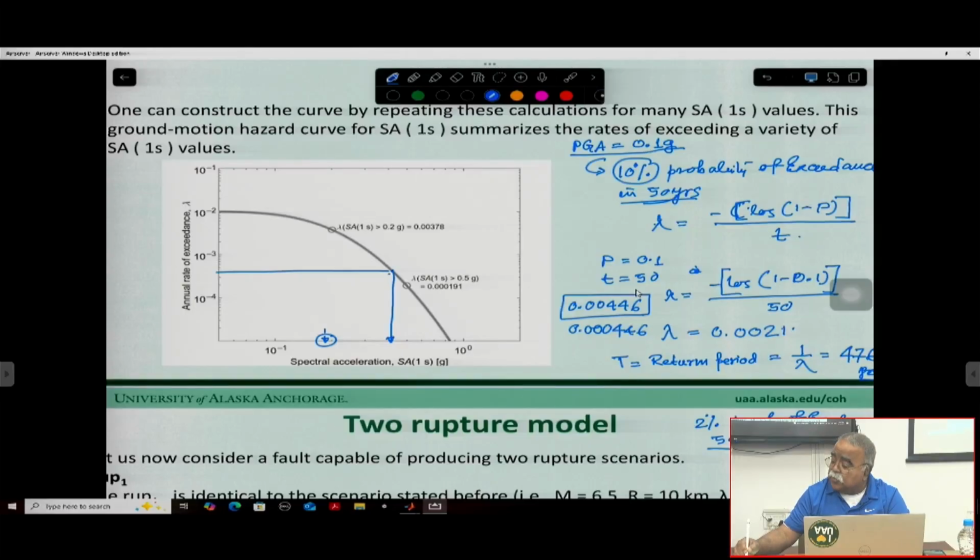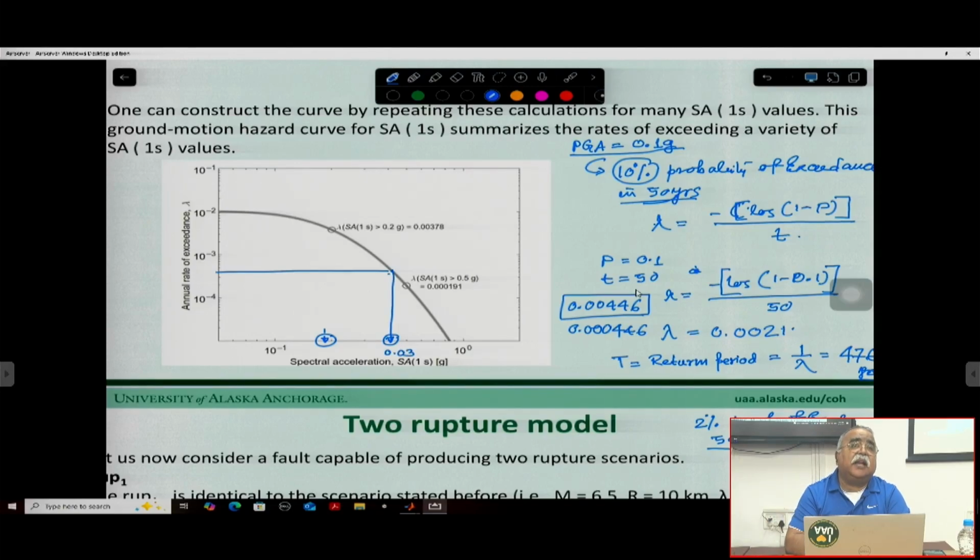But if an earthquake happens, then what I am saying is that this building has to be constructed in such a manner that its spectral acceleration at 1 second might be this value, which will equal 0.03 or something like that.